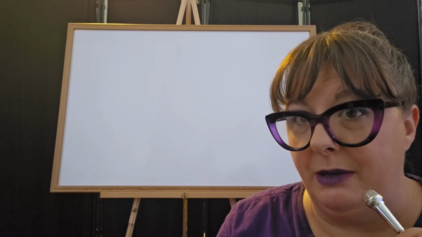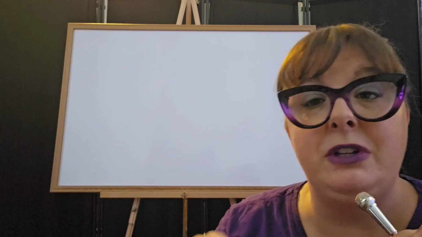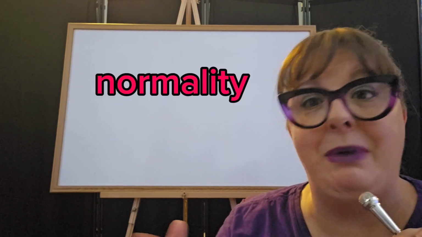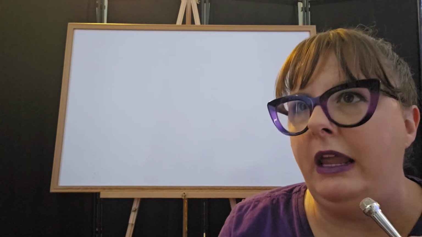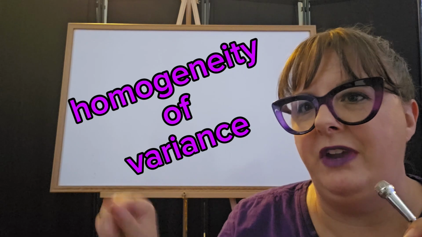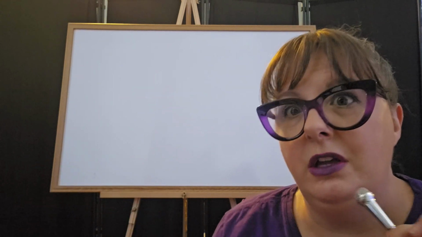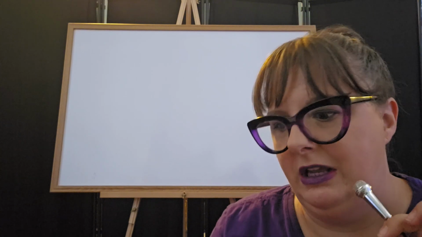Another assumption is normality, that the populations you're drawing those samples from have a normal distribution. And we have homogeneity of variance, that the variance across the groups, or within the groups, is similar.